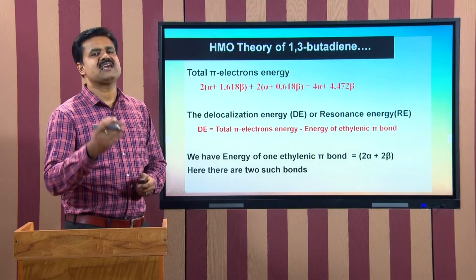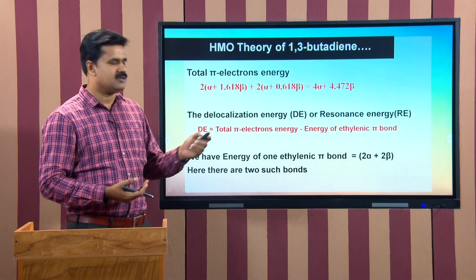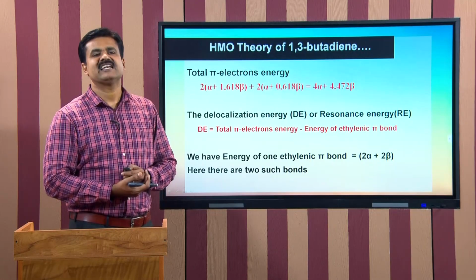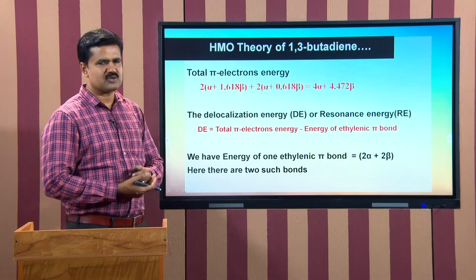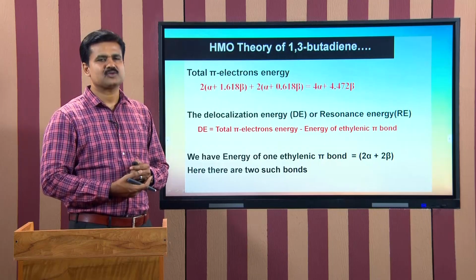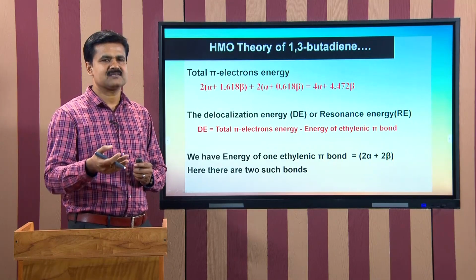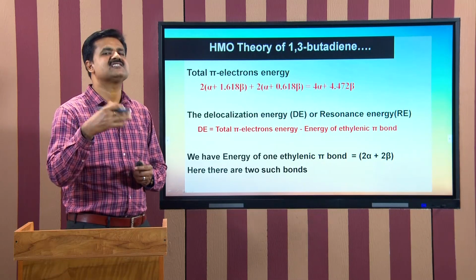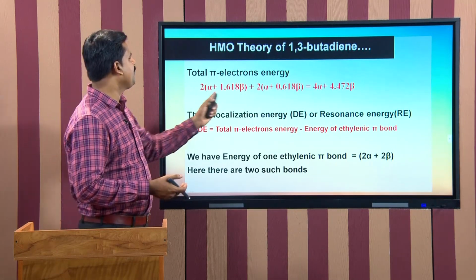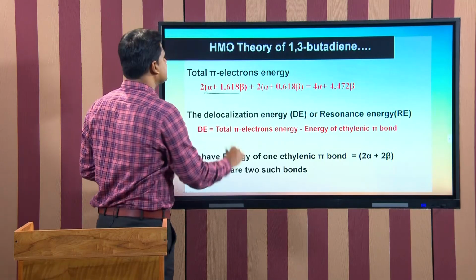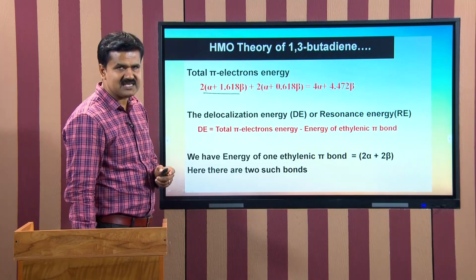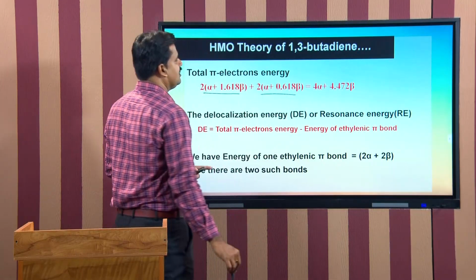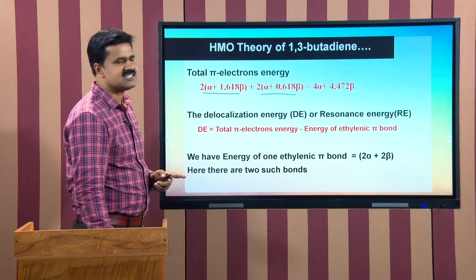Now we can make some calculations based on this energy level diagram. The total pi electron energy is obtained by multiplying the number of pi electrons with the energy of the level in which they are present. 2 pi electrons are present in psi1 with energy alpha plus 1.618 beta, and the other 2 are present in the state with energy alpha plus 0.618 beta.